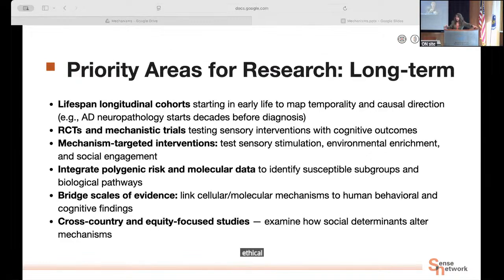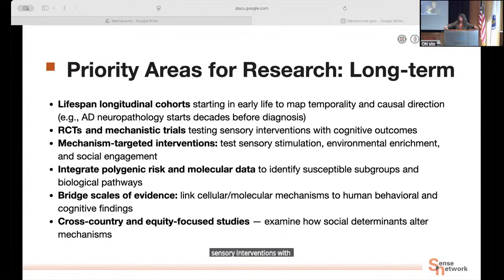Long-term research, we are putting the call out for lifespan longitudinal cohorts starting early in life to map temporality and causal directions. As I said, AD neuropathology starts decades earlier before people present. And so if we think sensory health relates to dementia risk, then we need to start our measures earlier as well. We need RCTs and mechanistic trials to test sensory interventions with cognitive outcomes, so that can then inform our mechanistic models.